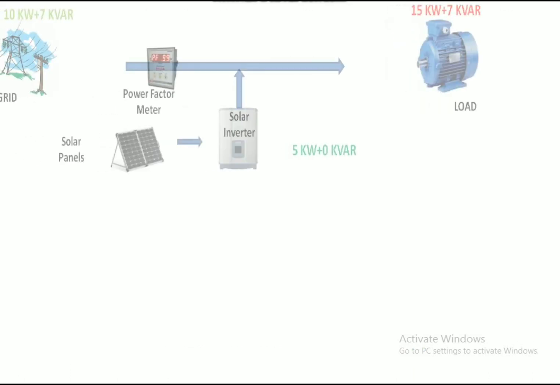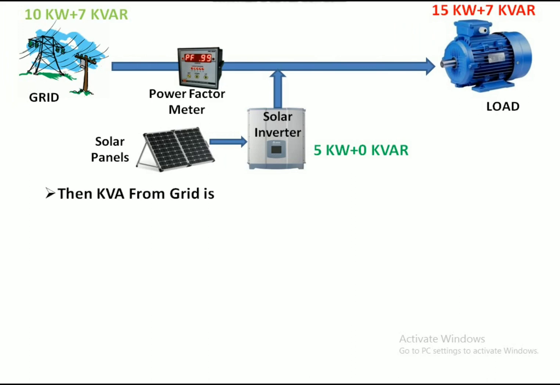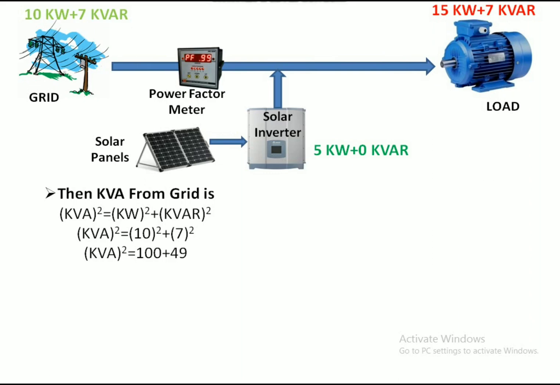As we know the kW and kVAr consumption from the grid, we need to find apparent power to calculate the power factor. As kVA square is equal to kW square plus kVAr square, we can calculate apparent power. kVA square is equal to 10 square plus 7 square, which is equal to 149. And kVA is equal to square root of 149, which is equal to 12.2.